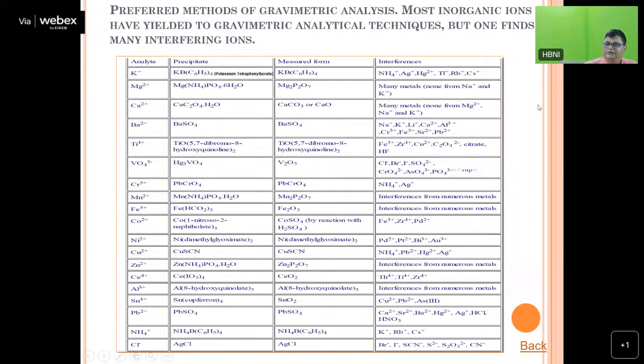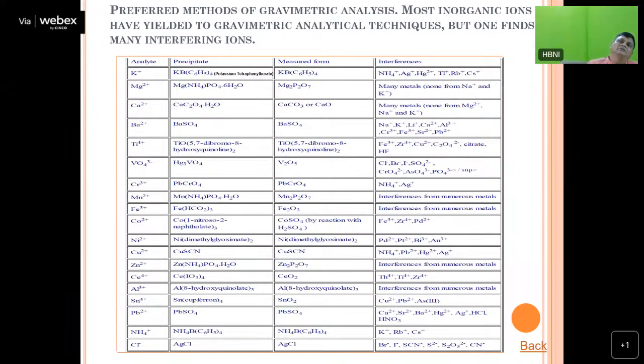But again, in all these gravimetric methods there are so many interferences also. So you should have a very sound knowledge of the chemistry when you are using the absolute method, and sometimes it becomes very necessary to use only the absolute method because the authorities say that they need an RSD value of less than 1%. If they say you need an RSD of less than 1%, then there is no option left but to determine the concentration by using the gravimetric methods.